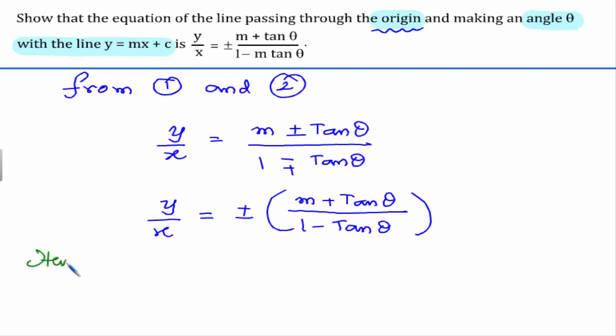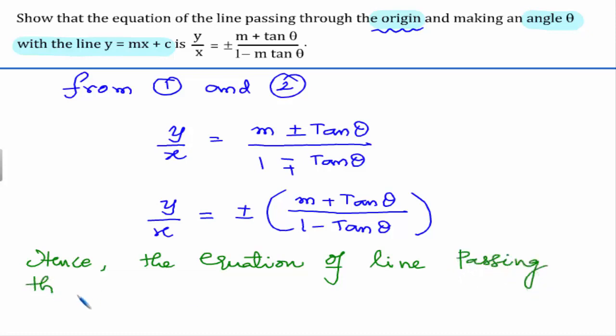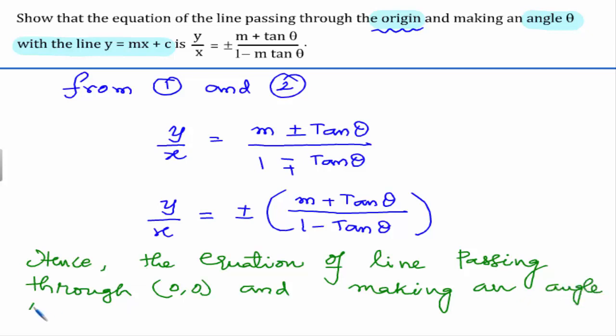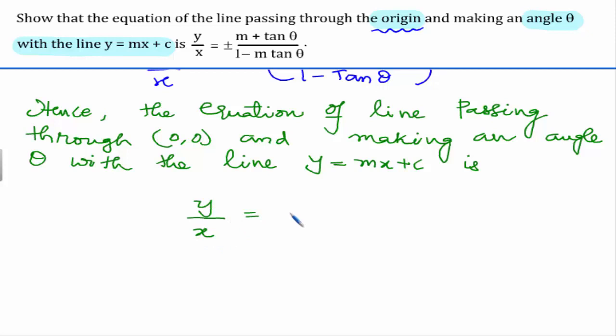So hence the equation of line passing through origin and making an angle theta with the line y is equal to mx plus c is y by x is equal to plus or minus m plus tan theta by 1 minus m tan theta.